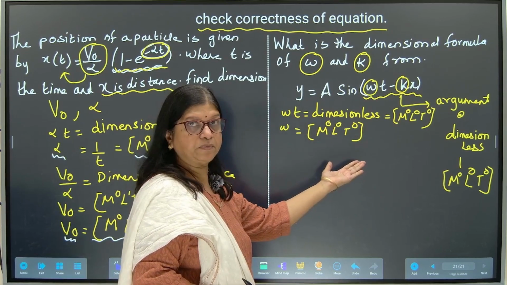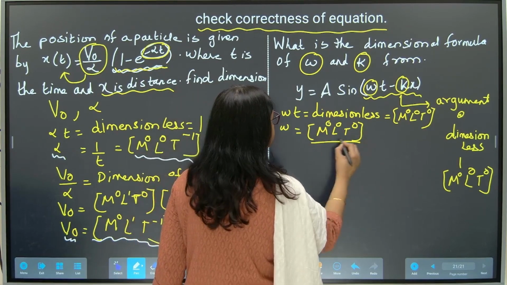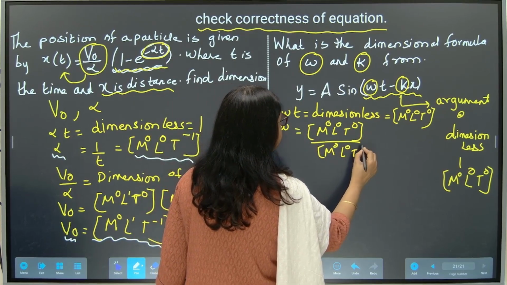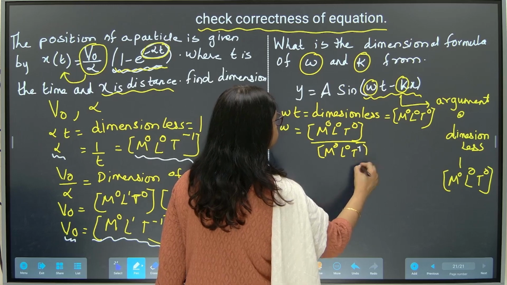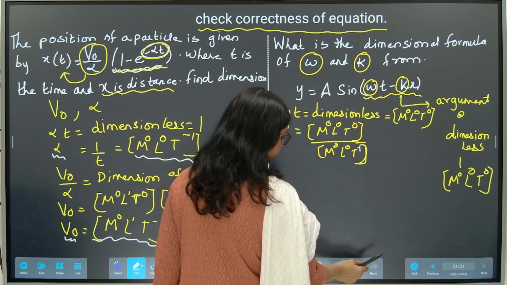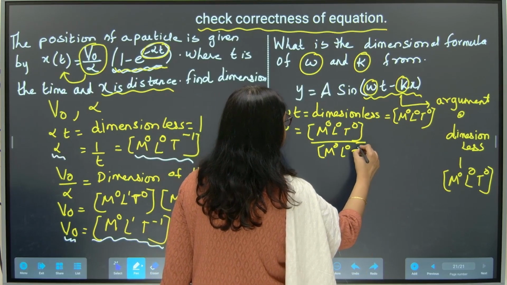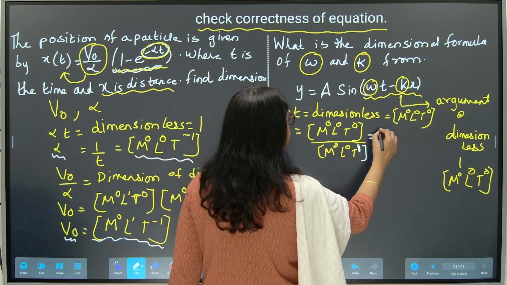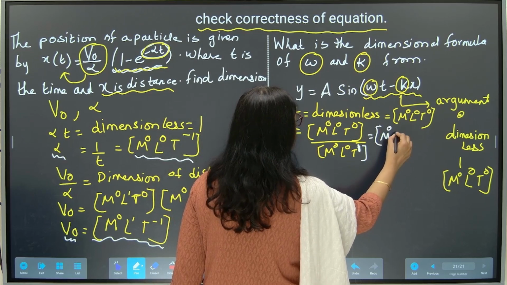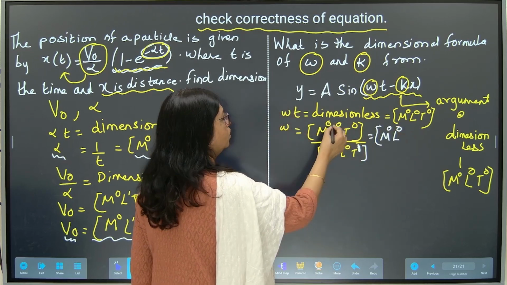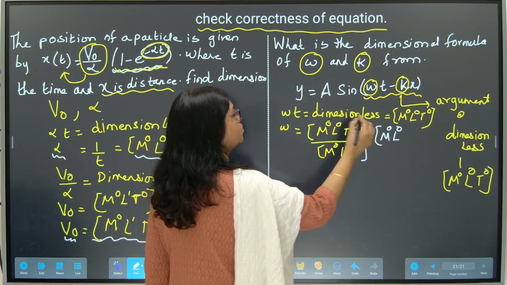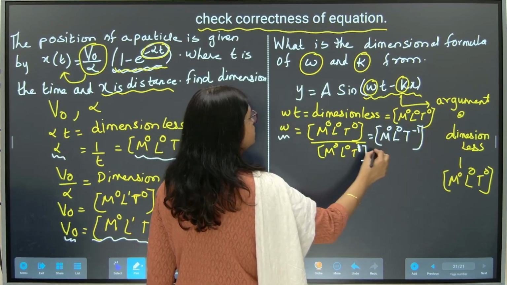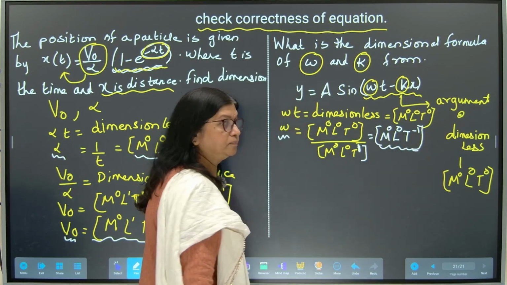Here I have written this expression. Divided by the dimension of t. T I am bringing down. T raised to 1. This is the dimension of time. So what is my answer? M raised to 0, L raised to 0, 0 minus 0, 0, 0 minus 0, 0, 0 minus 1, minus 1. So my dimension of omega is ready.